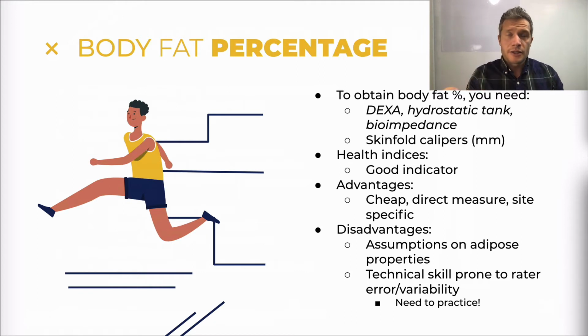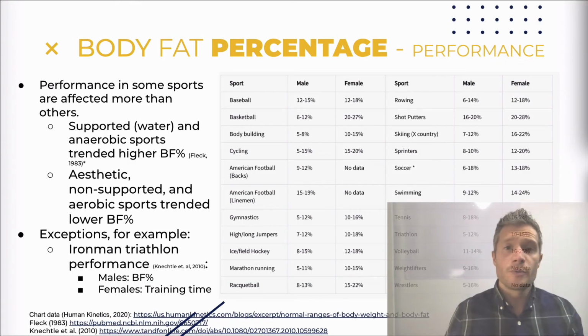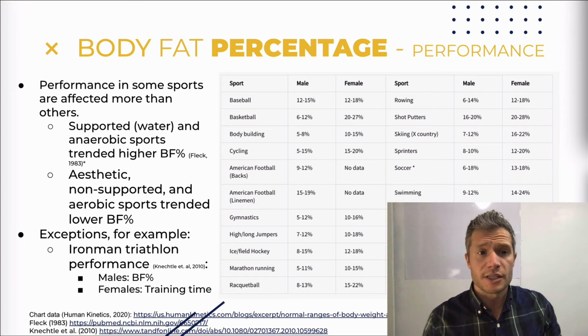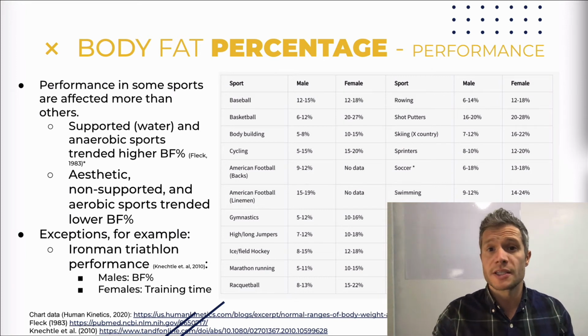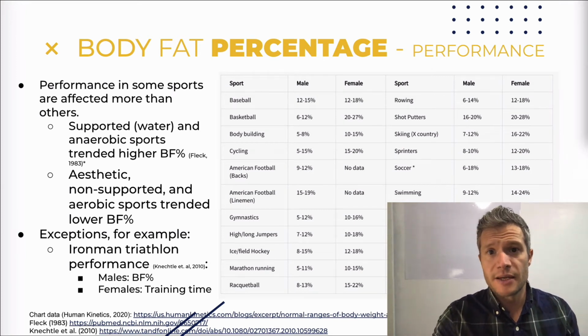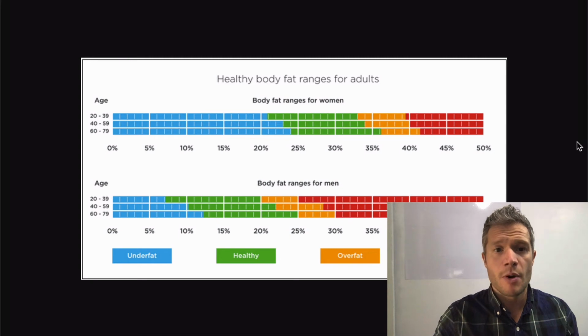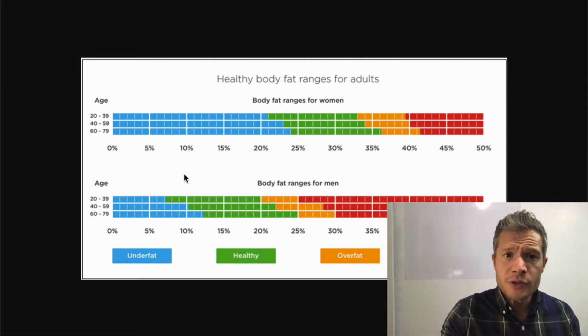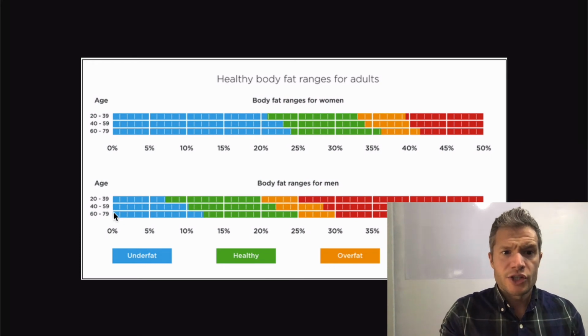But let's take a little bit of a switch of gears, and we're going to look more at sports performance, okay? Before we take a look at this chart as far as body fat percentage and performance, let's go back and just take a peek at what a healthy body fat range for men and women will be. So notice here, generally speaking, being under fat happens a lot sooner.